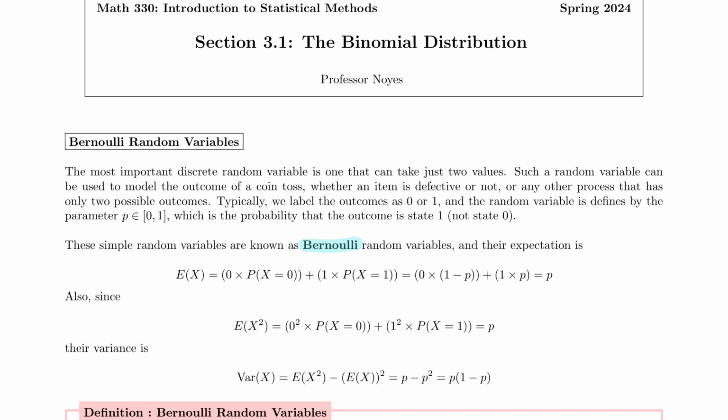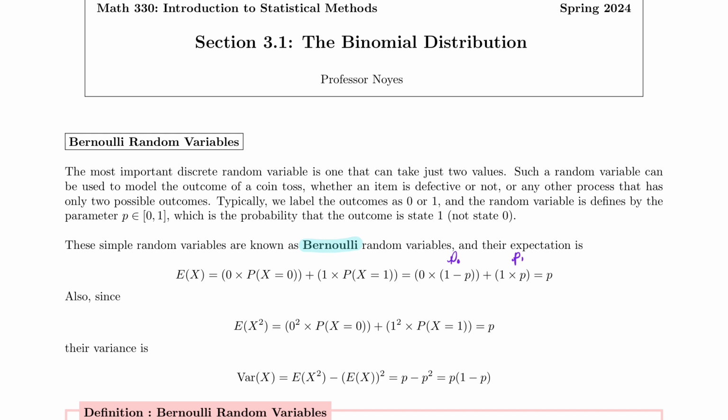So now we have 0 times that 1 minus p, which is our probability for 0. We can call that p sub 0. And then we've got our probability p for our success, which in other discrete random variables that have multiple states we would have called p sub 1 or p sub 2 or 3 or 4.